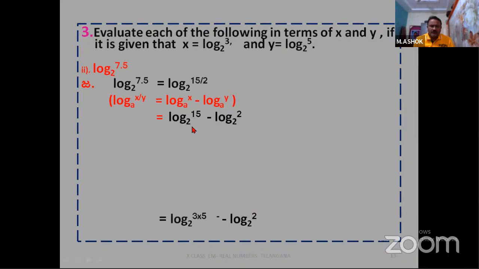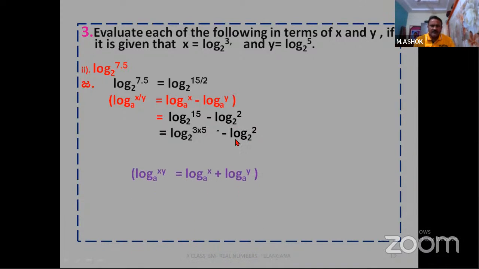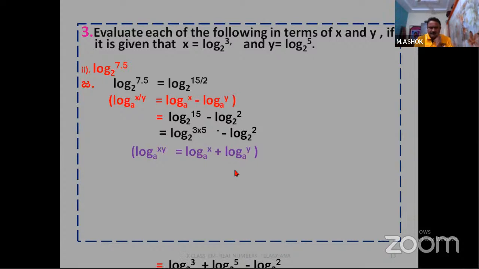Now, just now we have written 15 is equal to 3 into 5. And log 2 base 2, its value is 1. Come on, tell me, why? Because the logarithm of any number to the same base equals 1. So here, expand log xy as per the xy formula: log xy is equal to log x plus log y.